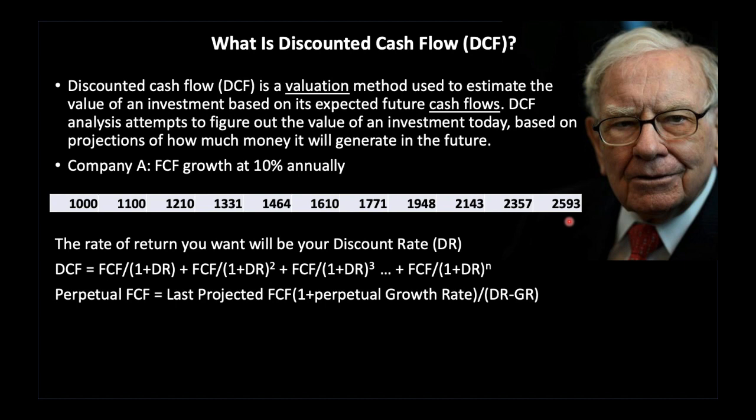So you just be conservative and keep it as low as possible, and that will be your perpetual growth rate. Generally, people keep it at 3 or even less than 3, which is the GDP growth rate of the US, for example. And you divide this by discount rate minus growth rate. Discount rate we got here, and growth rate is this 10%. So this will give you perpetual FCF.